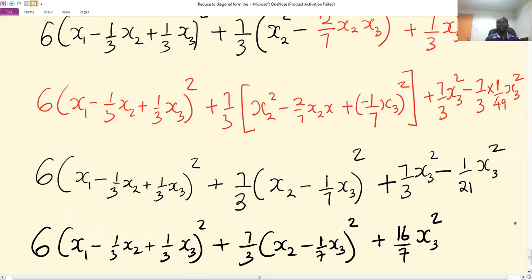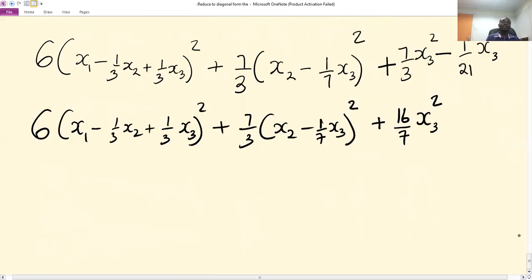Every term in this new expression is a square.